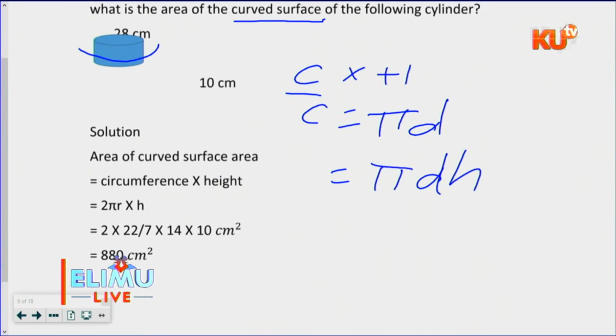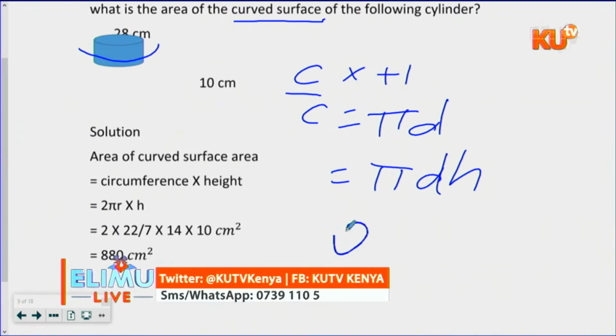Pi d h. And check on your shape always. Don't get confused. If the shape can be drawn like this, slanting along the ground, this one will still be our h, and now we'll call it length.